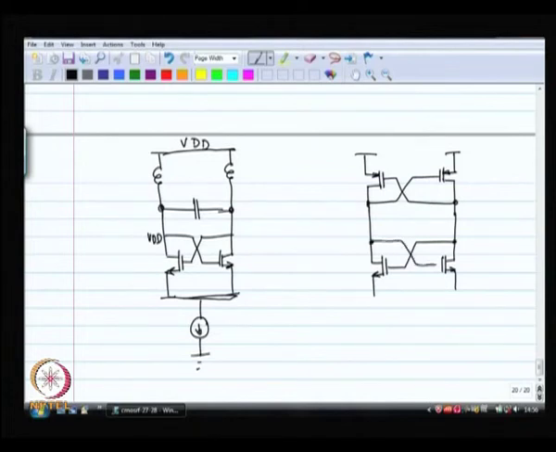So, instead of using just a cross coupled pair of NMOS devices, I am going to use two inverters which are cross coupled.